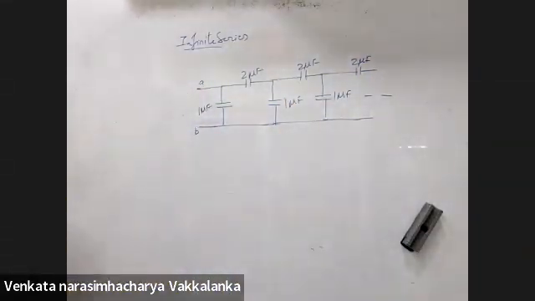Find the equivalent capacitance across AB. 2 microfarad is correct.